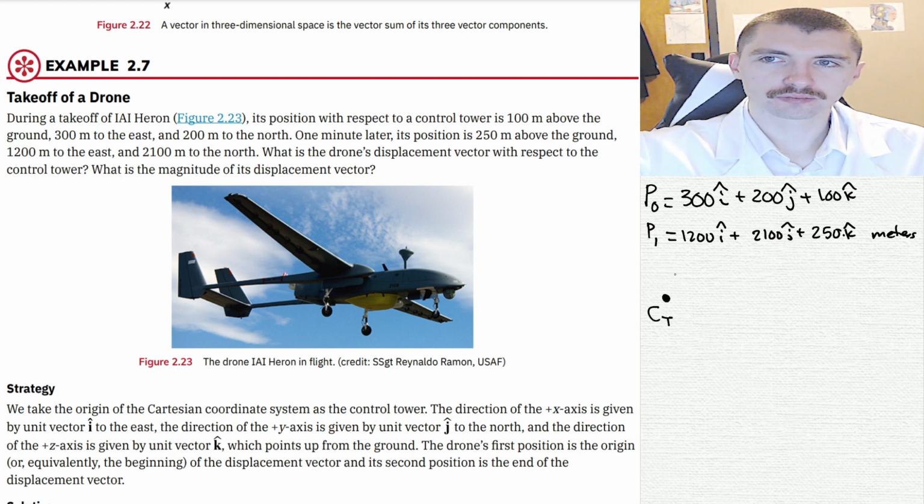So it's going in this direction, and then it's going in this direction. So we want to know the displacement, which is a vector sum of these.